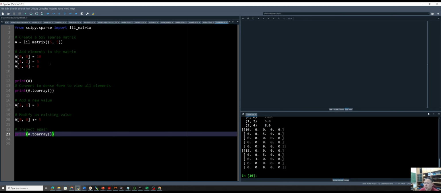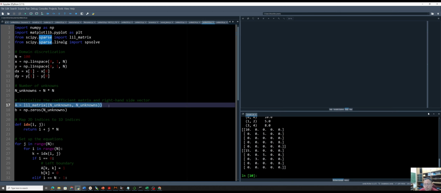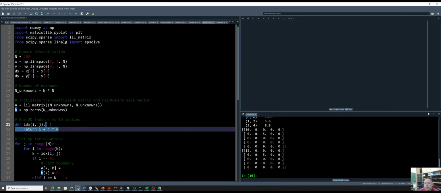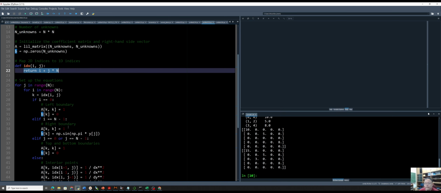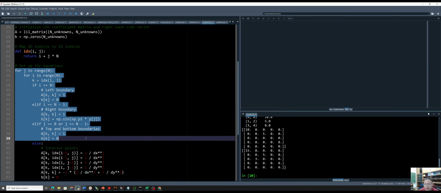It's a good way to create values while the rest are 0 and use the memory efficiently in this case. So that's why we do this. So B, okay, all 0. Now I map the 2D index into 1D using this equation. Apply the boundary condition as stated.